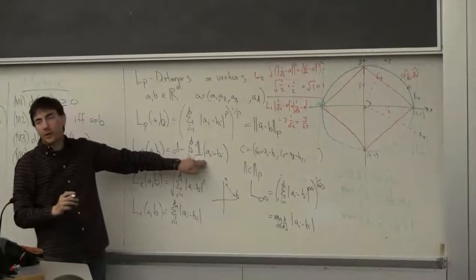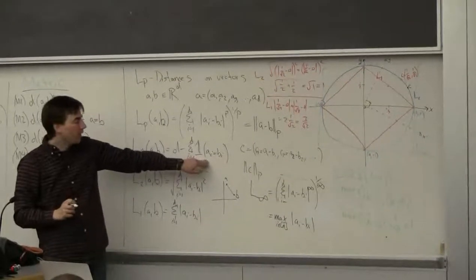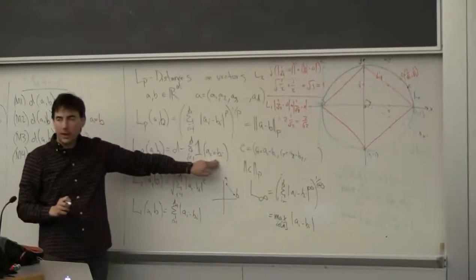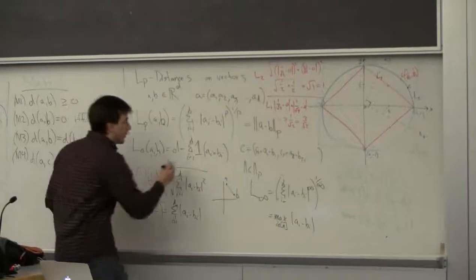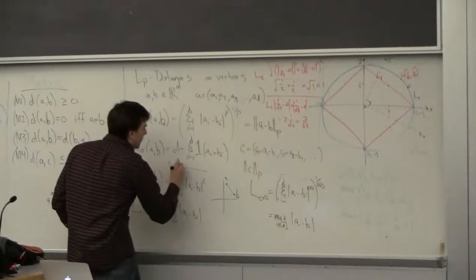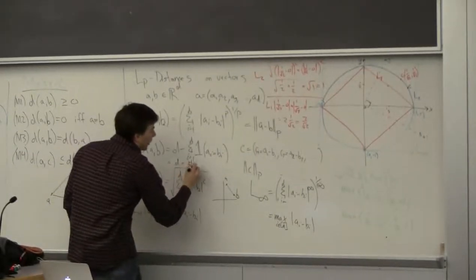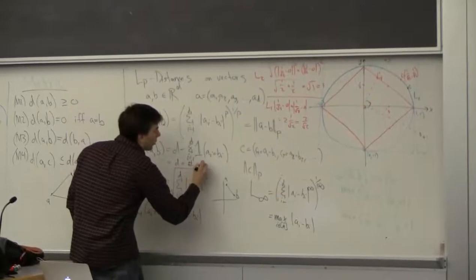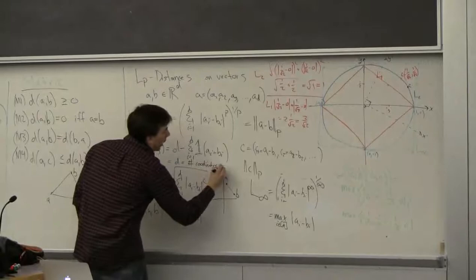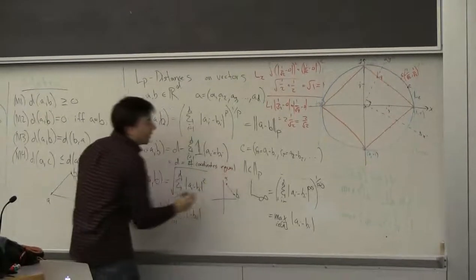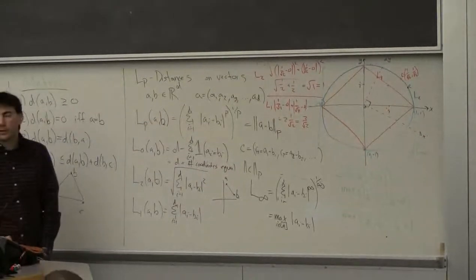This is my notation for an indicator function. It's 1 if A and B are equal, and it's 0 otherwise. So this is equal to d minus the number of coordinates that are equal to each other.